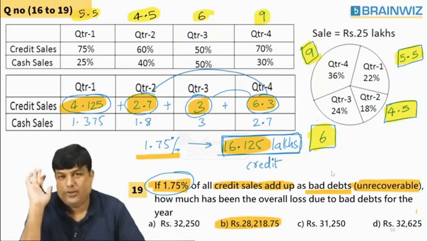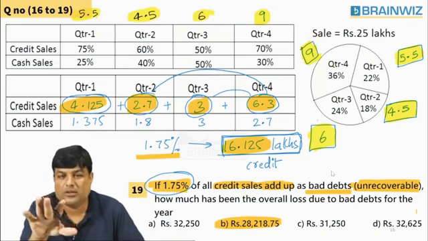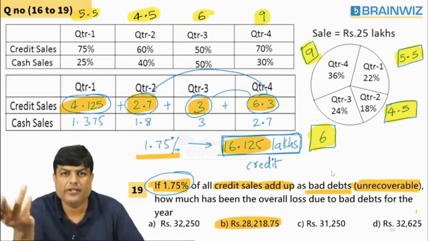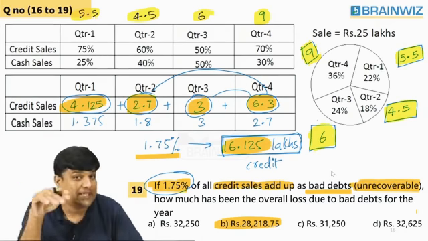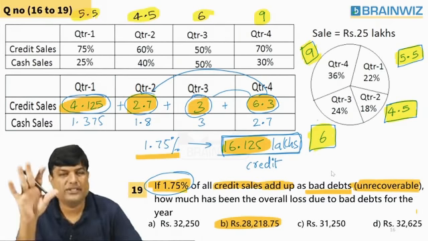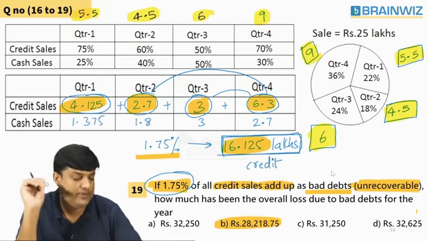This is a calculated question. The previous questions we have done were observation based: you have to see the quarter, next quarter, third quarter, fourth quarter, where the highest credit is. These are all by observation, but this is by calculation. Whatever questions they give you, they are not all calculative. Some are observation based.